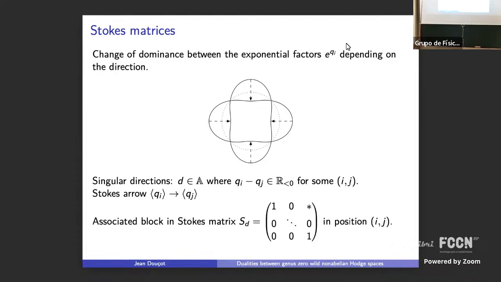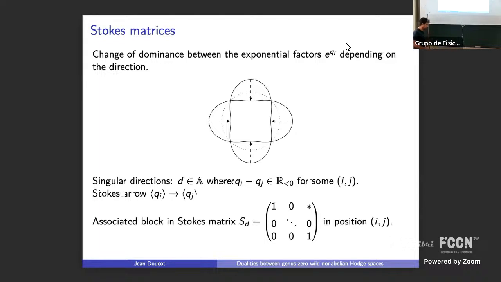We will single out some particular directions around the singularity, the singular directions, also called the anti-Stokes directions. These are directions where the difference between the growth rates of some pair of exponential factors is maximal. Here I've just drawn one pair of exponential factors, and to this pair are attached, as you see, 4 singular directions, where the distance between the two circles is maximal.